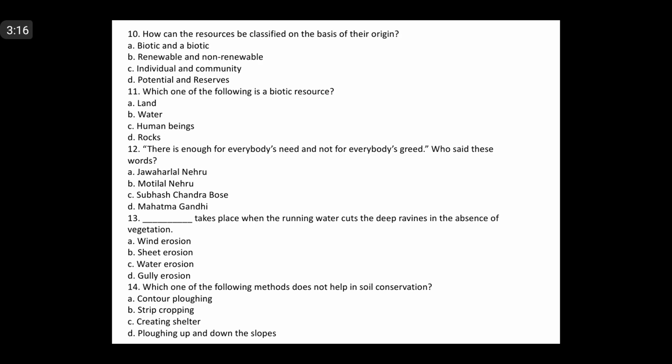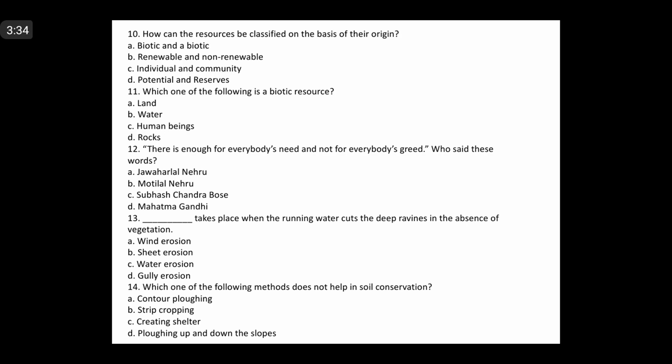Right? Then the question is, which one of the following methods does not help in soil conservation? Remember, we have also discussed soil erosion and conservation, the causes of soil erosion and the different methods of soil conservation.